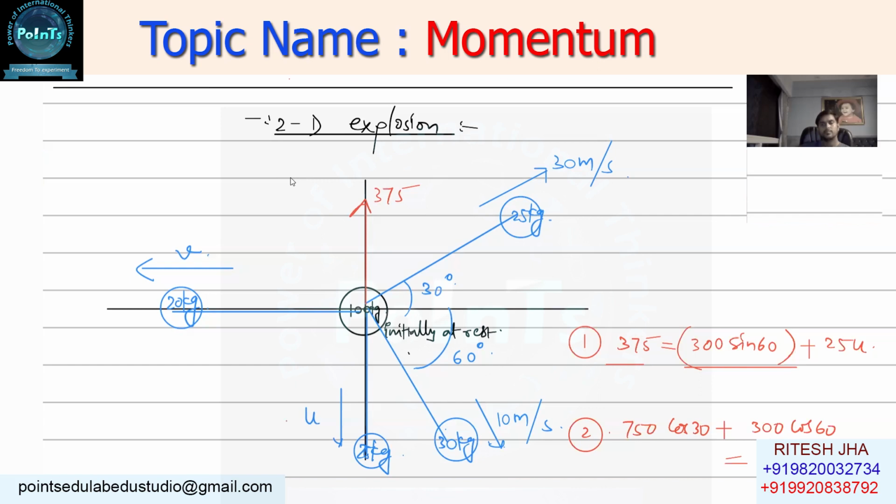I'm going to have to approximate 732 times 375, 649.5 plus 150. 799.5 on one side is equal to 20V.